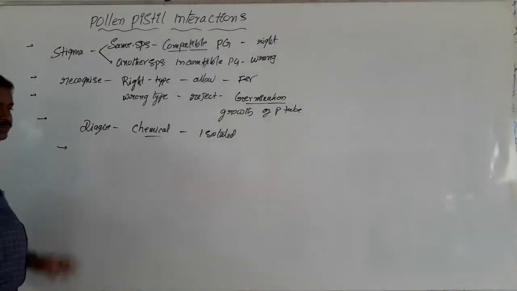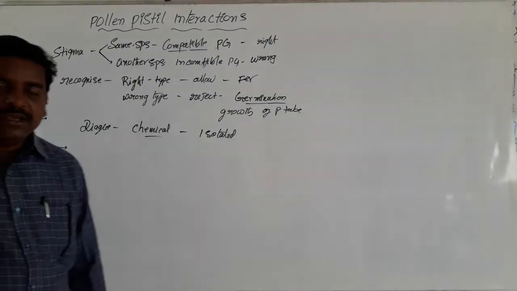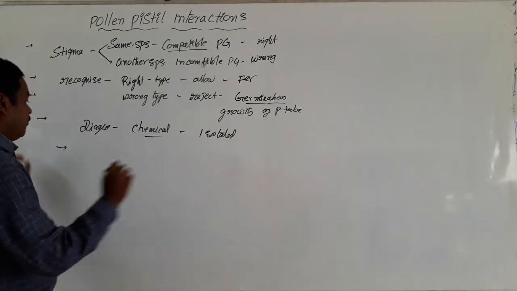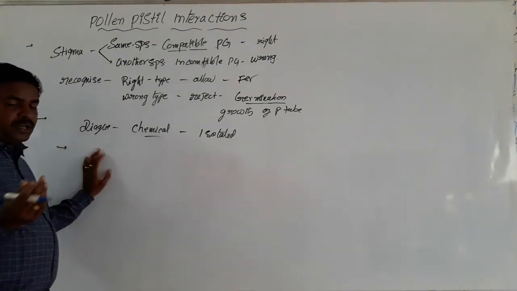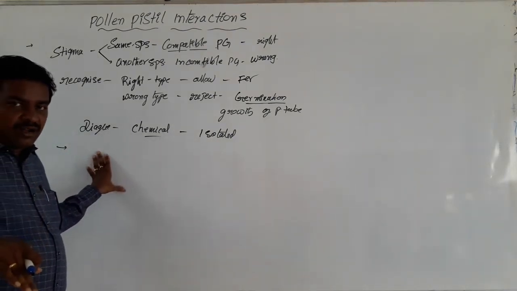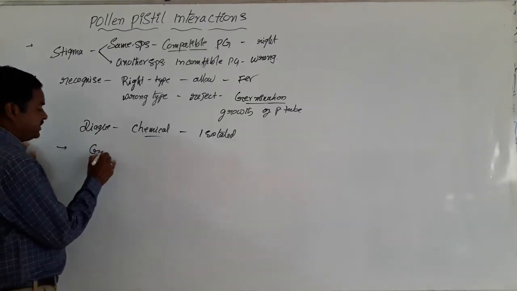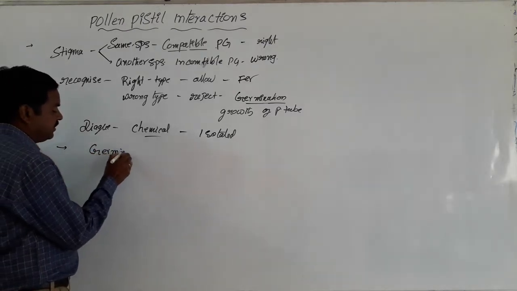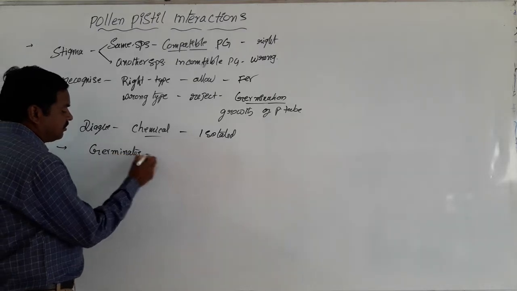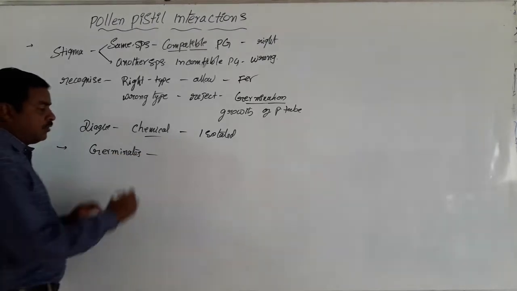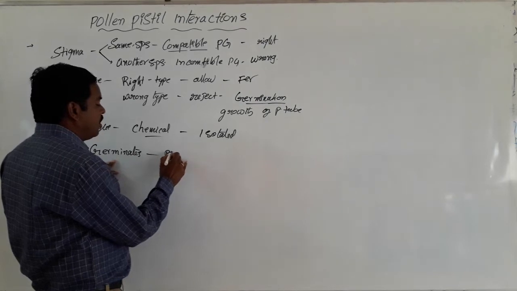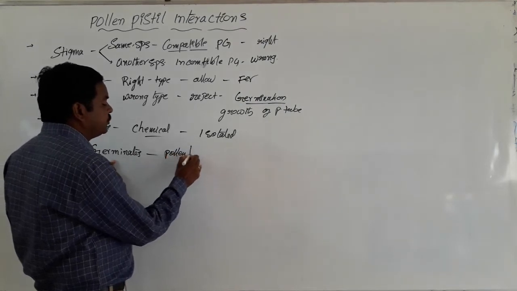Similarly, very important. When the pollen grain falls on the surface of the stigma, it germinates on the stigma. Now it produces a small pollen tube.